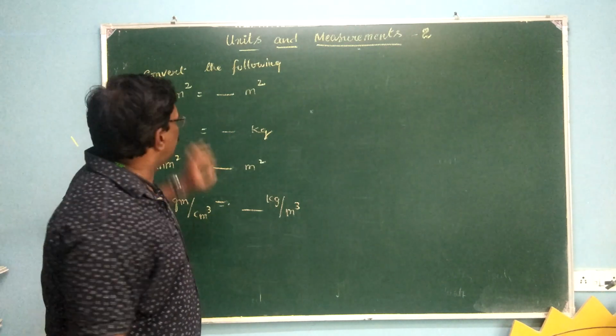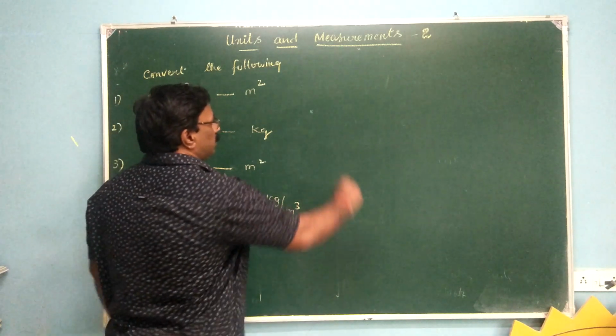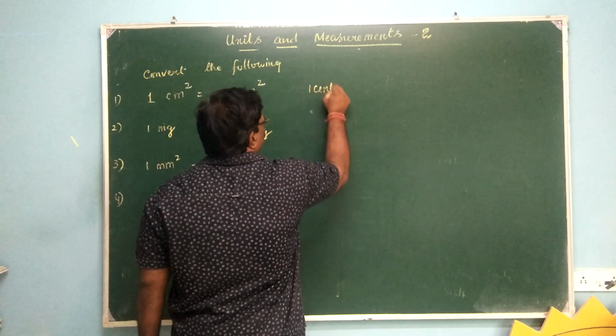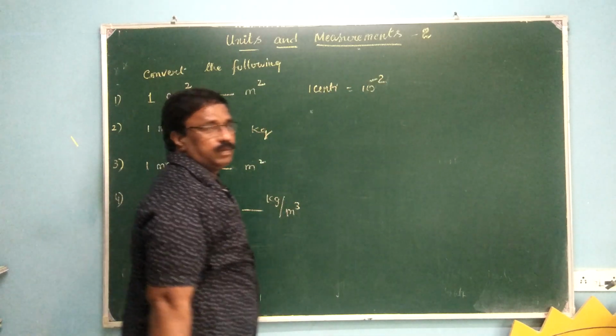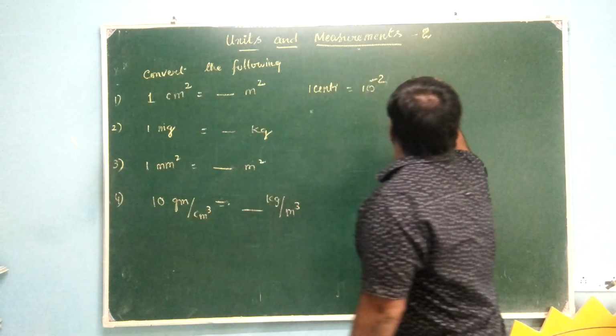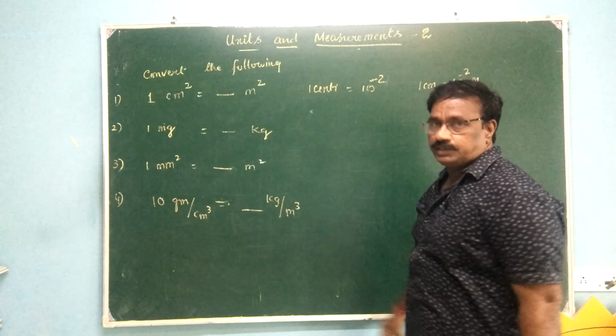So how to convert this? 1 centimeter square into meter square. We know what is centi. Remember, centi equals 10 power minus 2. Therefore 1 centimeter equals 10 power minus 2 meter. Can you write like this?